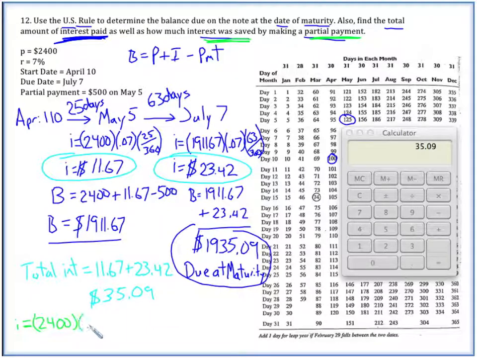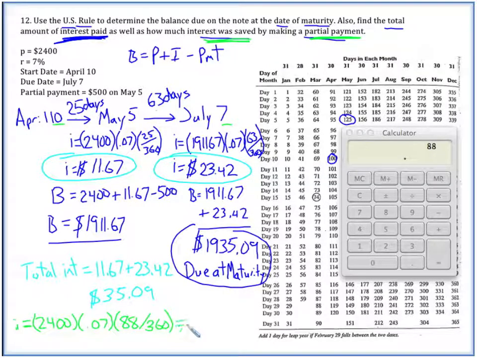Our rate would have still been 0.07, and the time would have been from April 10th to July 7th, a total of 25 plus 63 days, which is 88 days, divided by 360. Okay, so do you see that this would be the interest had there been no partial payments? So a full 88 days.